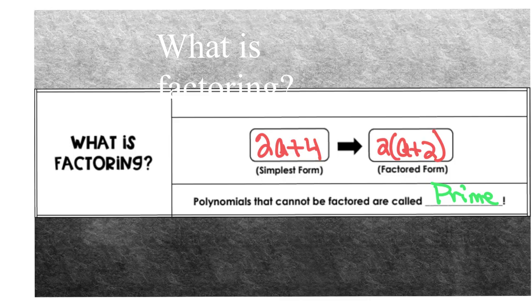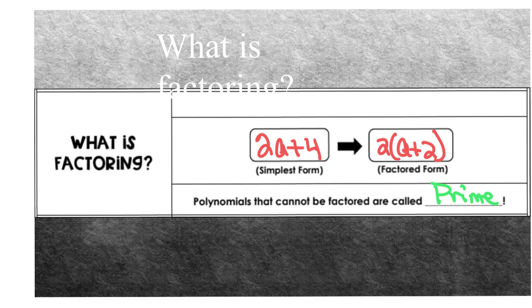All right, what is factoring? Factoring is when you can take a number, you can take a polynomial, and you can write it as 2 or more factors. So simplest form would be 2a plus 4. The reason that is in simplest form is because there are no like terms and we cannot combine them together.